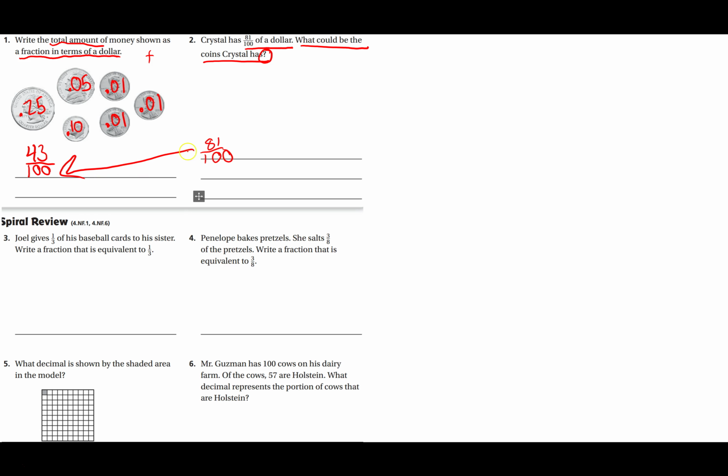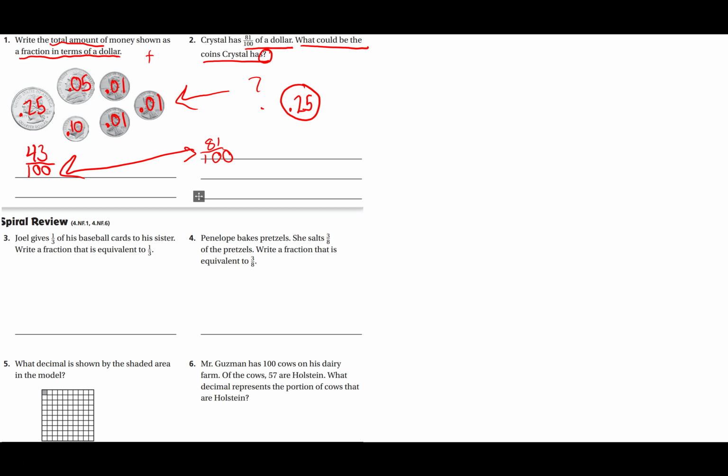They gave us the fraction part, but they didn't give us the coins, this part here. So we got to figure out what coins could we put together that would equal 81 cents. So let's go ahead and just start getting some coins out. I usually want to start with bigger coins because that'll get me to my 81 cents faster. So I'm going to start with a quarter.